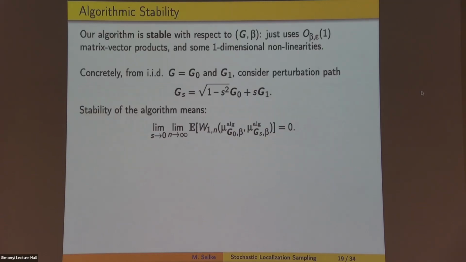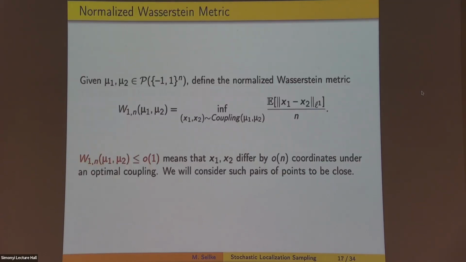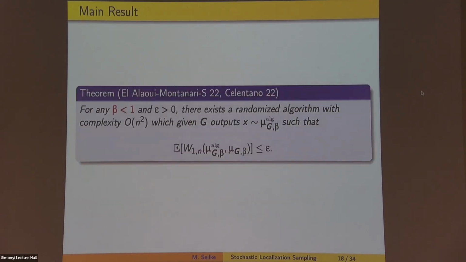Wait, sorry, can you go back one more time? Yeah. So how is epsilon compared to the beta? It's just for any beta less than 1 and any arbitrarily small epsilon, and then you take n large enough.